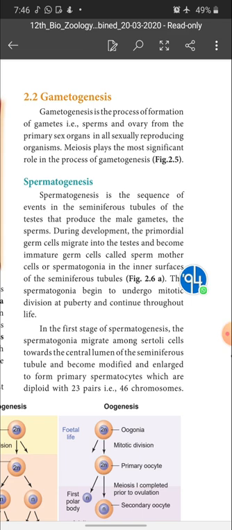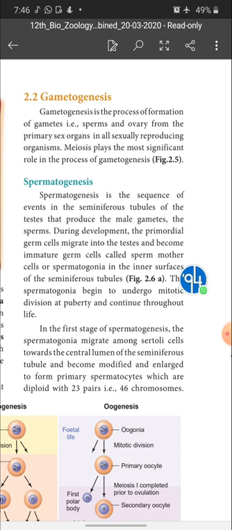For example, in human the somatic cells consist of 46 chromosomes, that is 23 pairs. But sex cells such as ovum and sperm have only a single set of chromosomes, that is 23 chromosomes alone. So how is the number of chromosomes reduced in the sex cells?